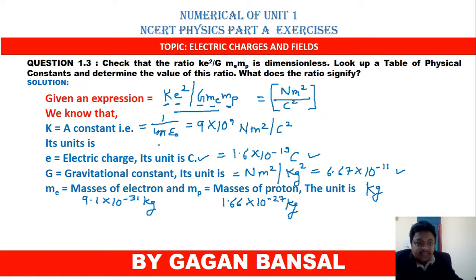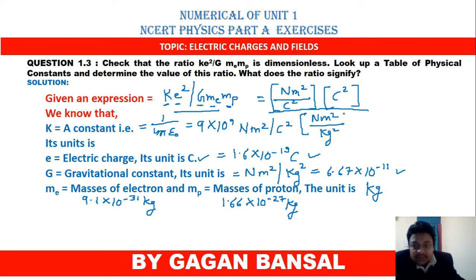Then e square means C square, upon G, that is Newton meter square upon kg square. And then for Me and Mp it will be kg into kg, that is kg square.